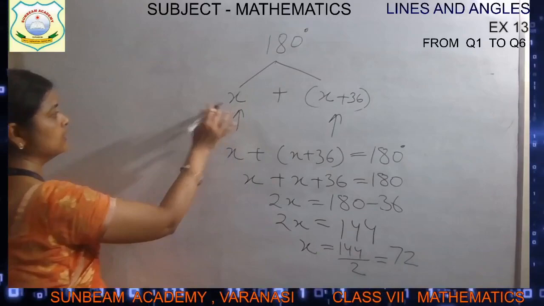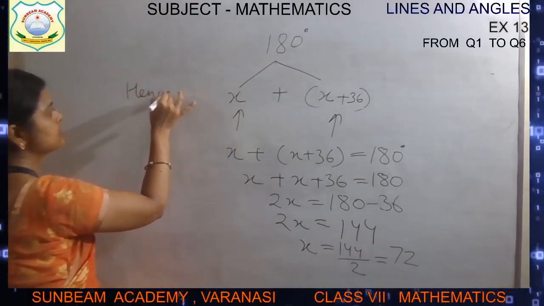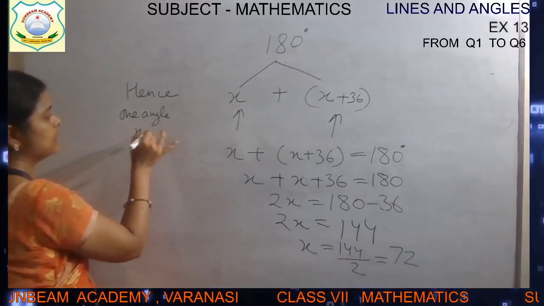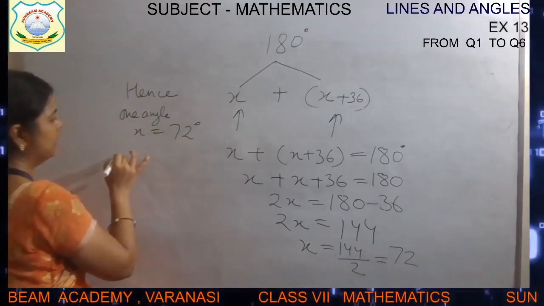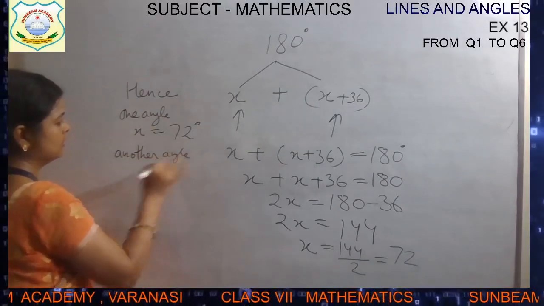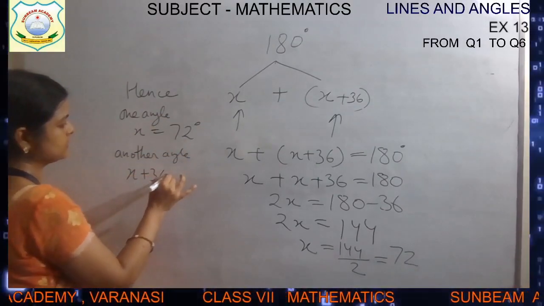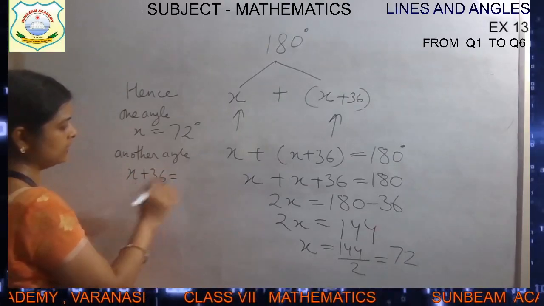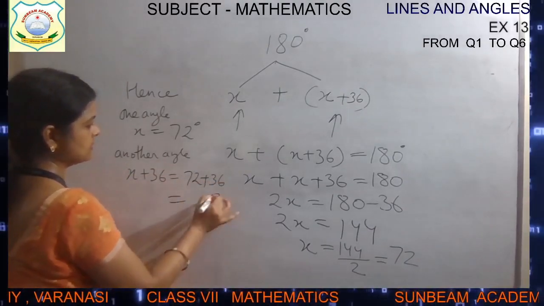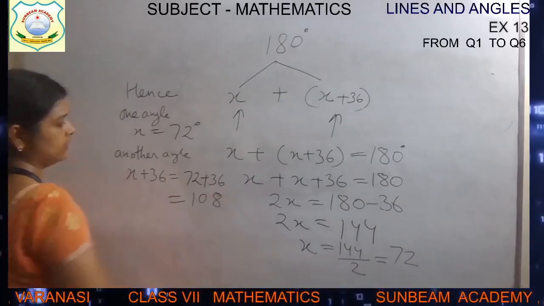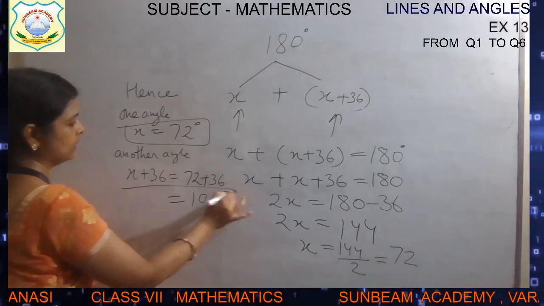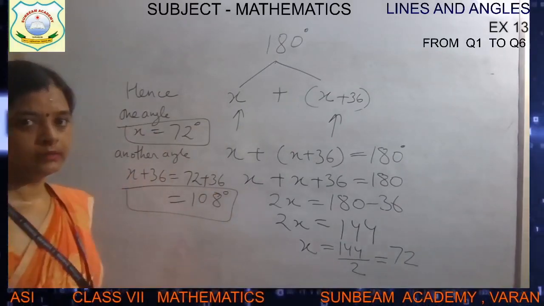Hence you will write, hence one angle, that is x, is 72 degrees and the other angle, that is x plus 36, will be equal to how much, children? The x value is 72 plus 36. That is 108 degrees. So you will write down the answer in a separate line.